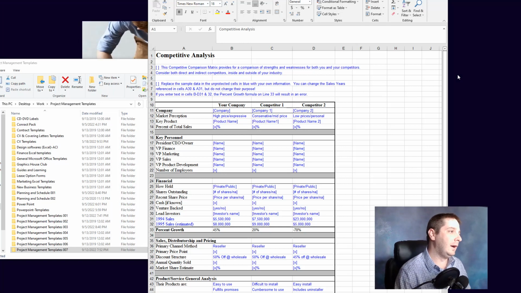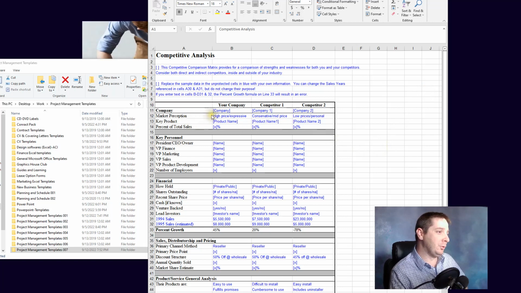Okay, so real quick, on the forms that I have shown you guys before, I have a competitive analysis Excel sheet pulled up. Quite simply, this is going to help you stack yourself up against competitors and see where you need to shore up your ability to compete. Now, this one's specifically for companies, especially on the market and being able to bid and stuff like that.